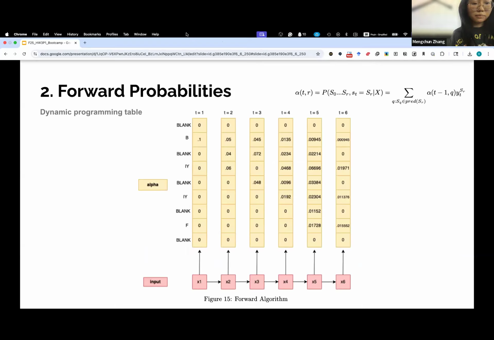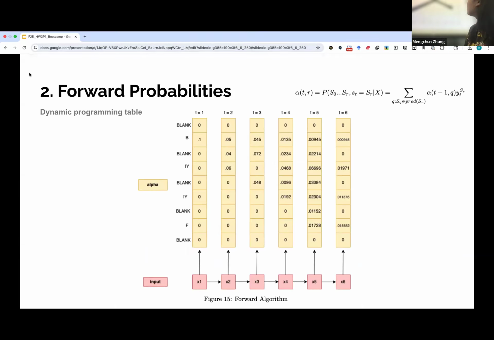Okay, so this is the figure from the write-up. It's a dynamic program table of the forward algorithm. In this figure, each column denotes a specific time step from t equals 1 to t equals 6, and each row denotes the position or symbol in the extended target sequence.